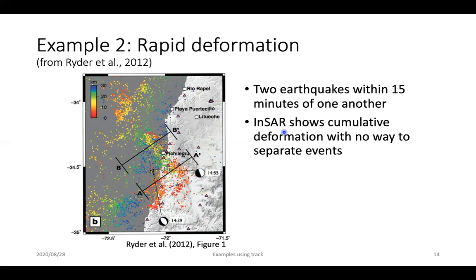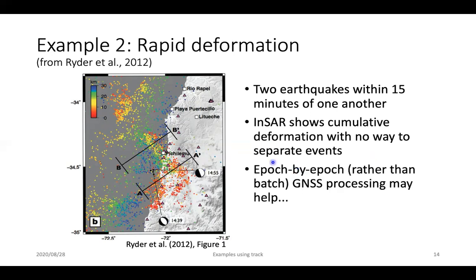So in this case, the InSAR shows a cumulative deformation between these two aftershocks, and there's no way to separate the events. One way that we could separate the events is actually to process epoch by epoch GNSS processing rather than batch.